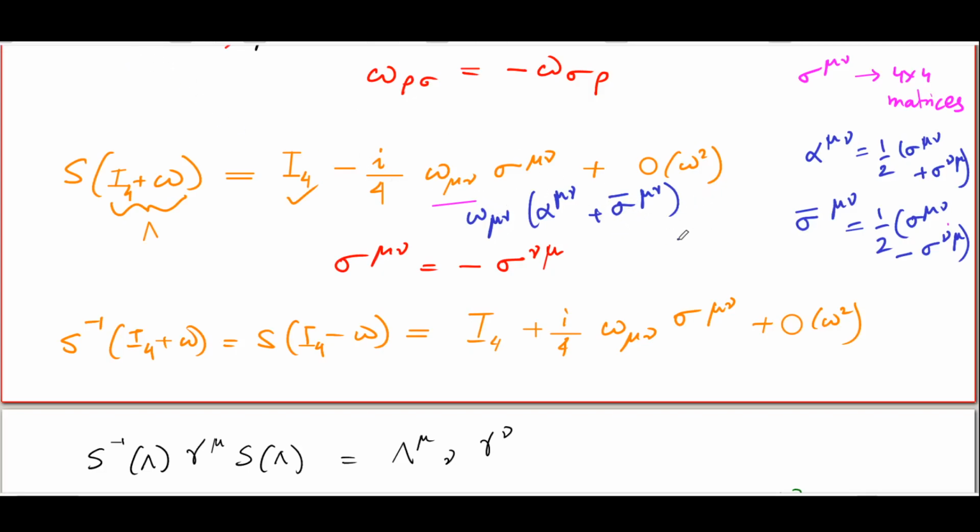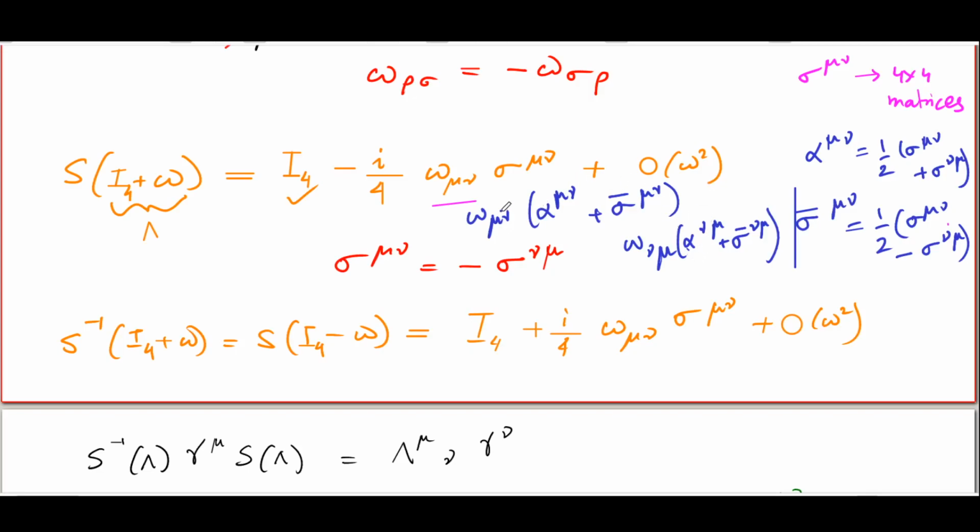I can write this equally well as omega nu mu times alpha nu mu plus sigma bar nu mu. This is just interchanging the labeling here, changing the dummy indices nu and mu with each other.